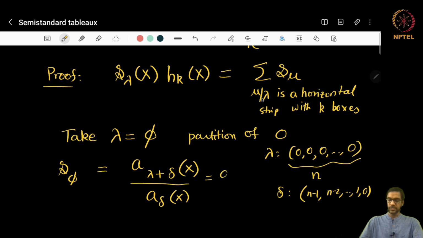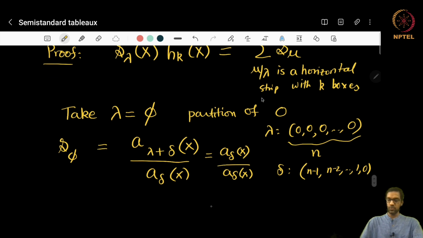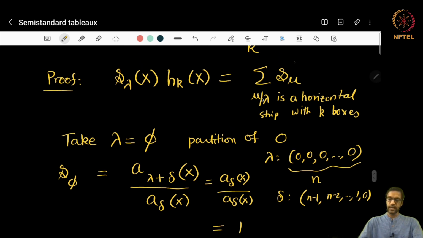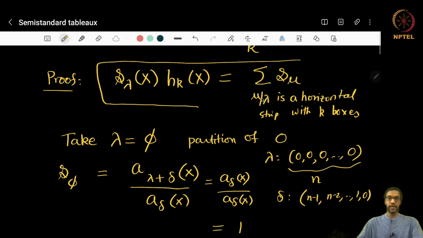So this is actually the same as a_delta of x, and so the answer is of course 1. So the Schur function corresponding to the empty partition is just the polynomial 1. Good. So now we go back and substitute it into the Pieri rule. What does the Pieri rule say? When you multiply 1 by h_k, it gives you this particular right-hand side.